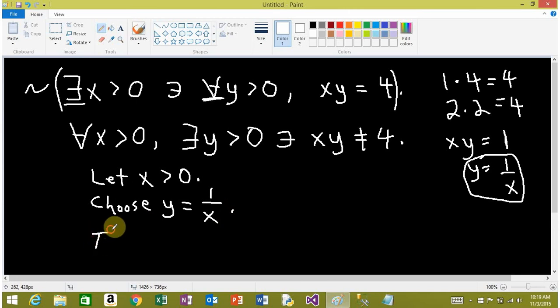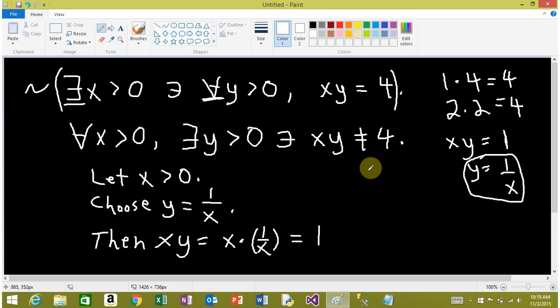Then this is where the magic happens. We do our multiplication. We have x times y is equal to x times whatever y is, 1 over x. Notice that the x's are going to cancel and you get 1, but that's not equal to 4.